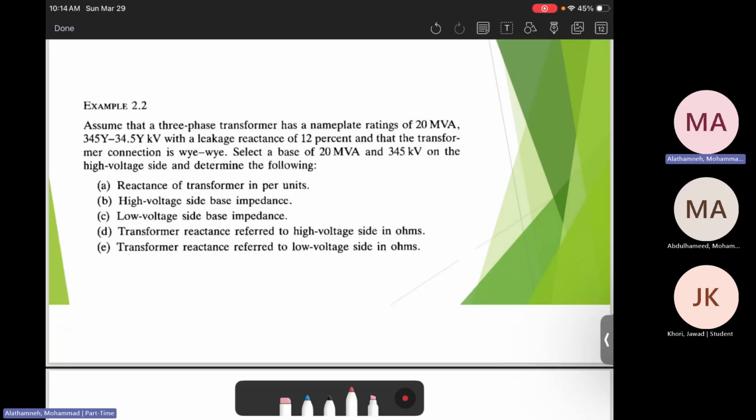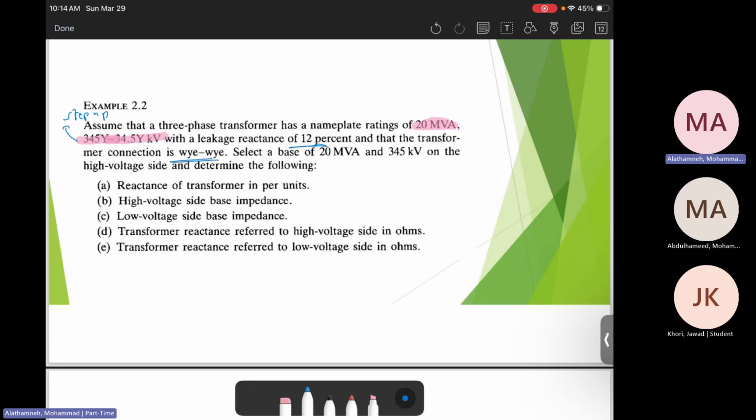Let's look at this example. Assume we have a 3-phase transformer with the nameplate given as 20 megavolt ampere, and 345 Y to Y. So this is a step-up transformer, with a leakage reactance of 12%.